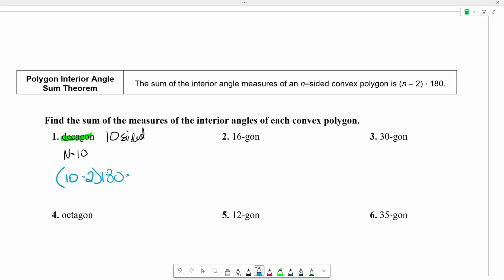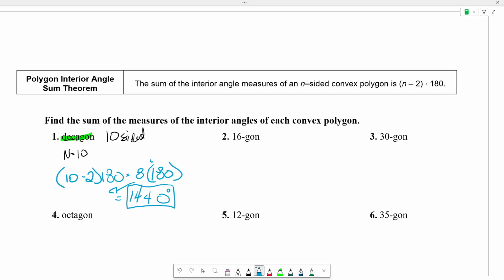Well, 10 take away 2 is 8 times my 180. 8 times 0 is 0. 8 times 8 is 64, carry the 6. 8 plus 6 is 14. So that's 1,440 degrees. So if I added up all the angles inside of a decagon, they would add up to 1,440 degrees.